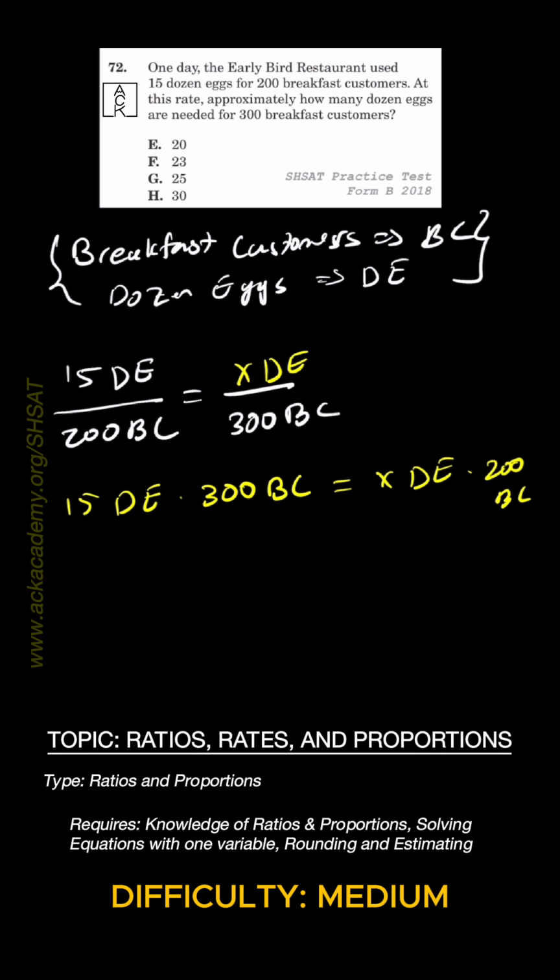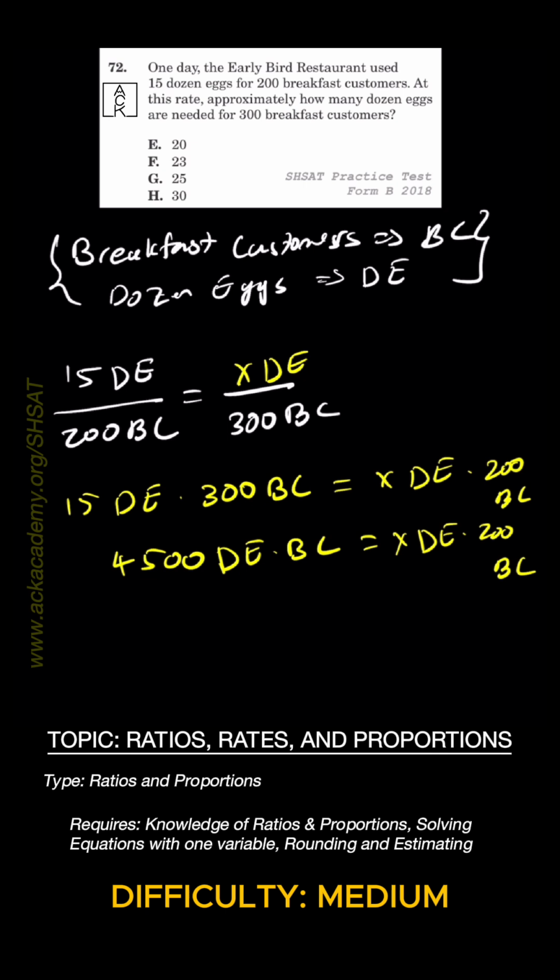Now, 15 times 300 is 15 times 3, 45. 4,500 dozen eggs times breakfast customers, which is equal to X dozen eggs times 200 breakfast customers.